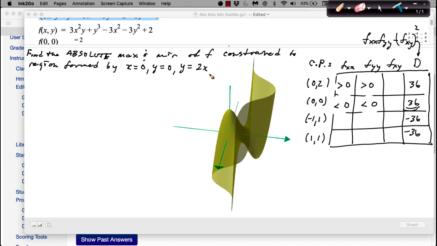Okay, so what does that region look like? First quadrant. Oh, sorry. X equals 1. Sorry, not 0.